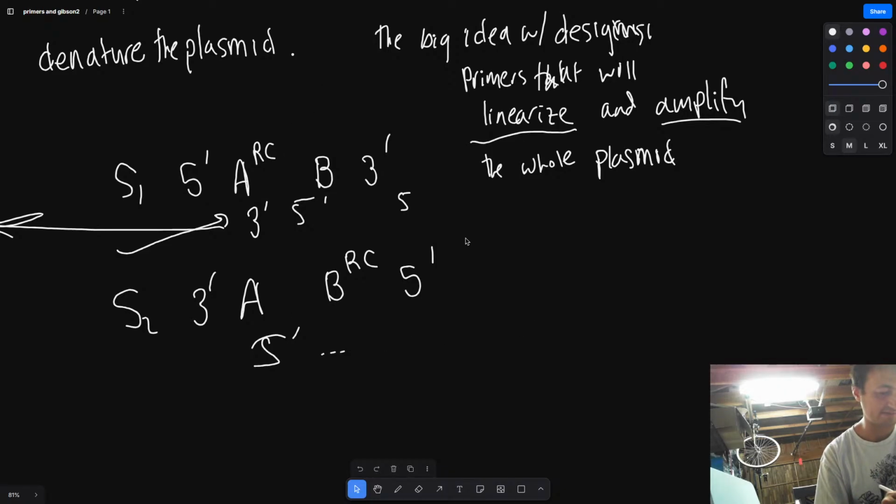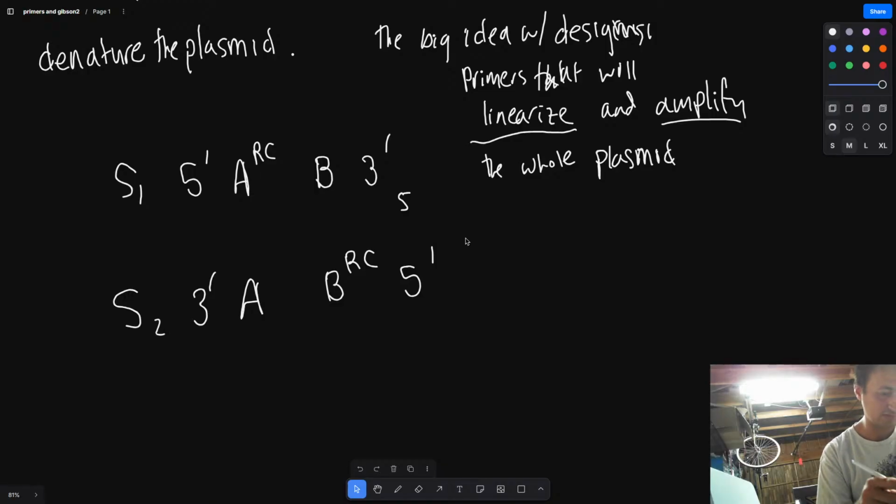So let's just go back. And the punchline of this whole long-winded way of saying all this stuff is basically, we are going to want to make our primers A and B. So this is the 5 prime and the 3 prime, and this is the 5 prime and this is the 3 prime.